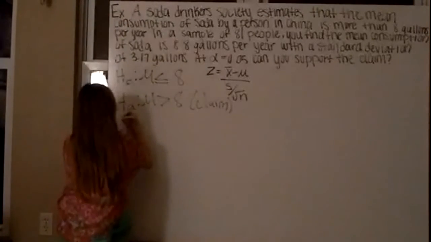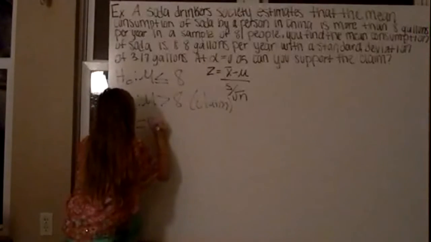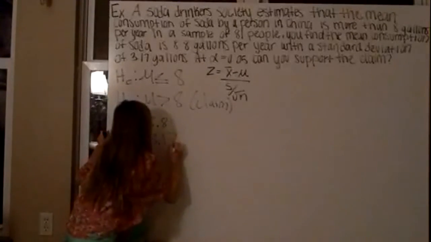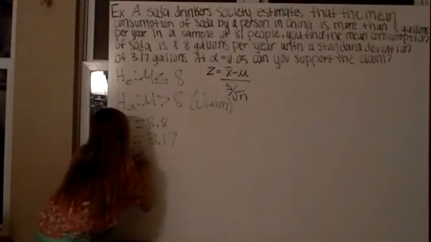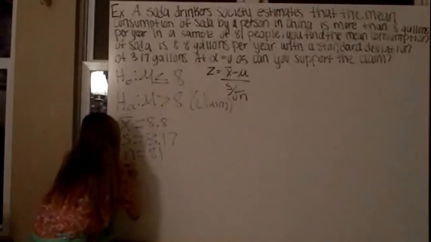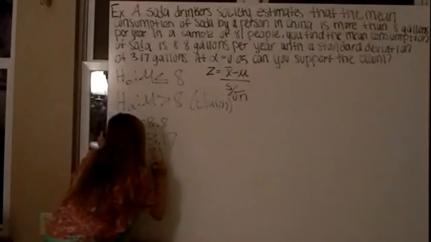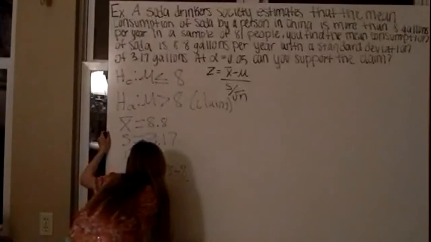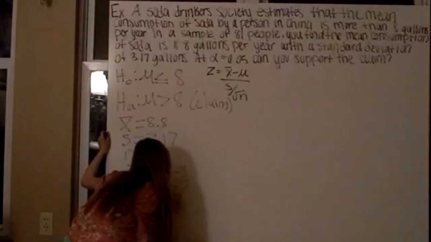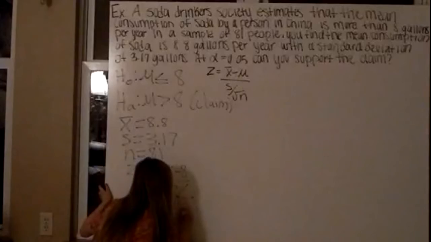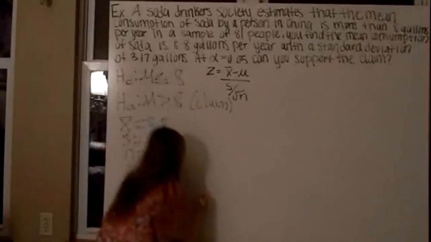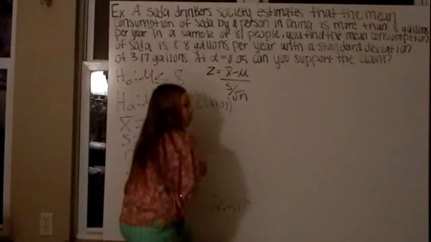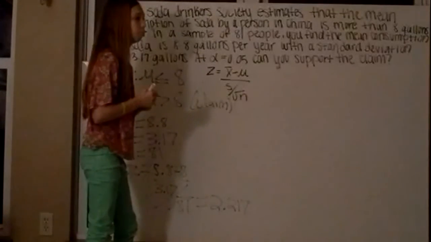We have x bar equals 8.8, s equals 3.17, n equals 81. z equals 8.8 minus 8 over 3.17 divided by the square root of 81, which equals 2.217.